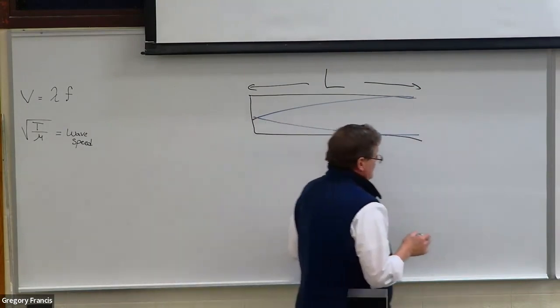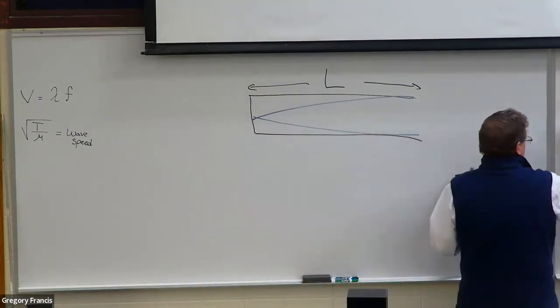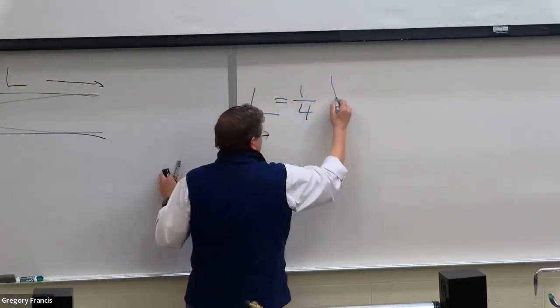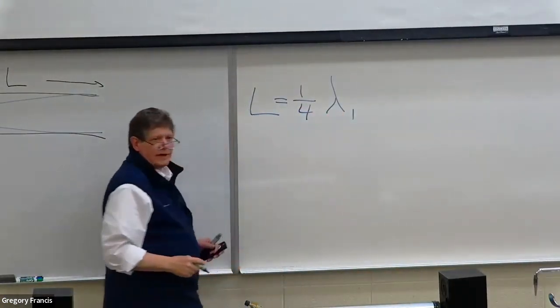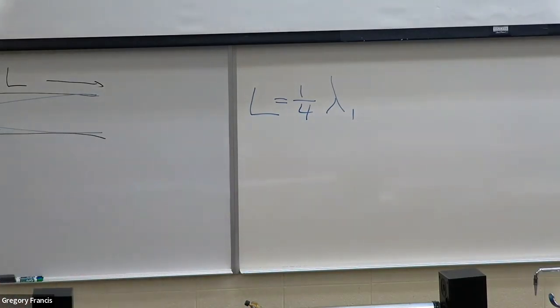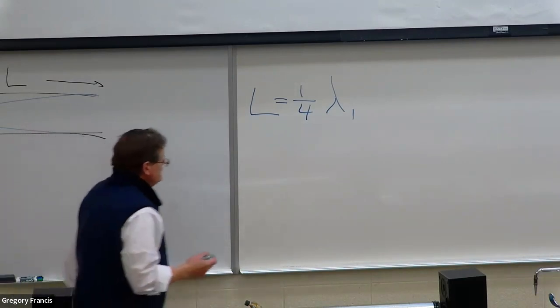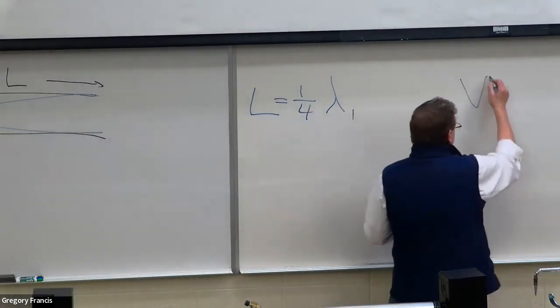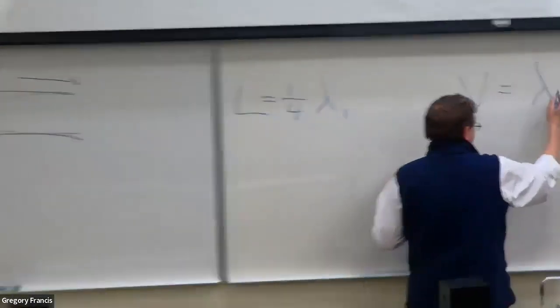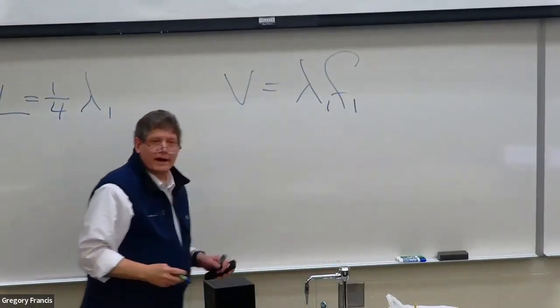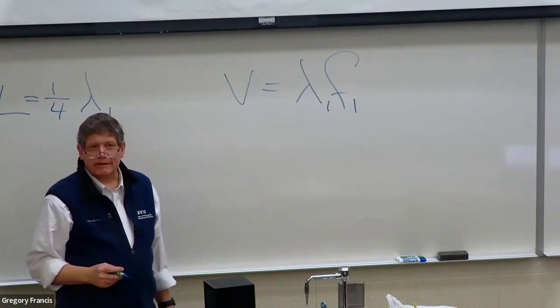And so that means that the length of that pipe is going to be 1/4 of the fundamental wavelength. Does that make sense? So if I can find that fundamental wavelength, I'm home free. Well, I use this equation here. And if I use it for the first harmonic, I can find that fundamental wavelength.